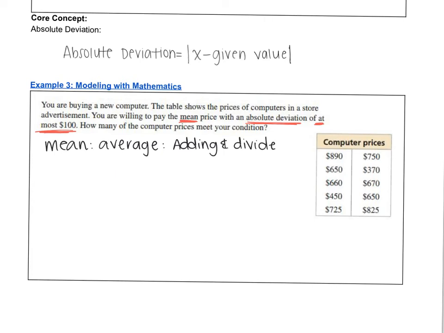So let's start by finding the mean. I'm going to add all these numbers together and then divide by the total.